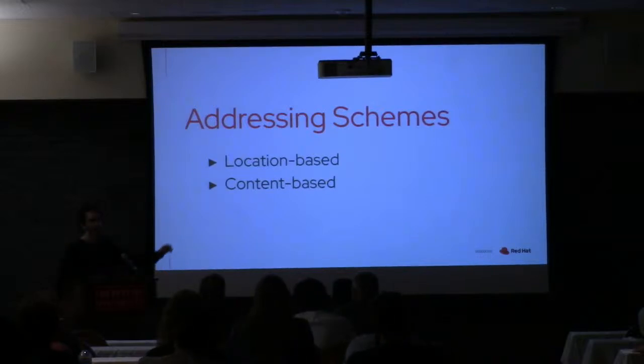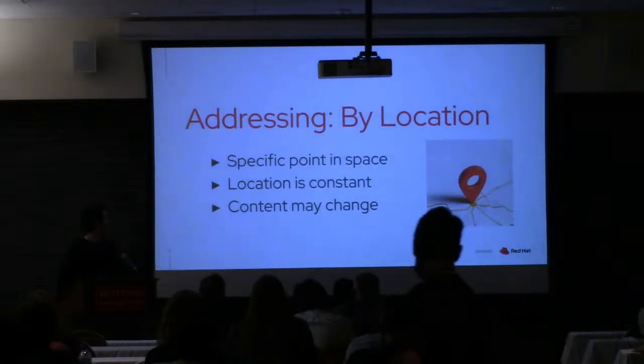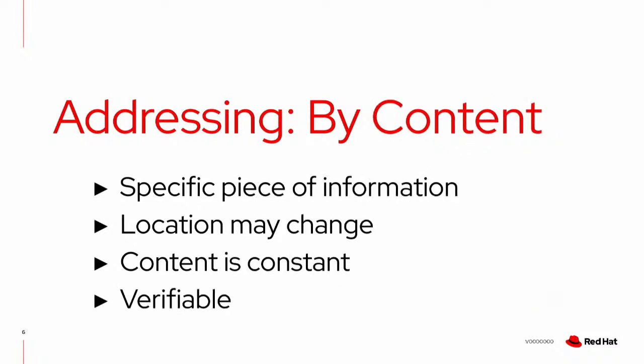So let's look at some examples and see where these two work well and where they maybe don't work as well. If you're location addressing, you're just addressing a point in space, and that location is constant, but the underlying content may not be. If you're addressing by content, then the content is constant, but where it's stored may not be.